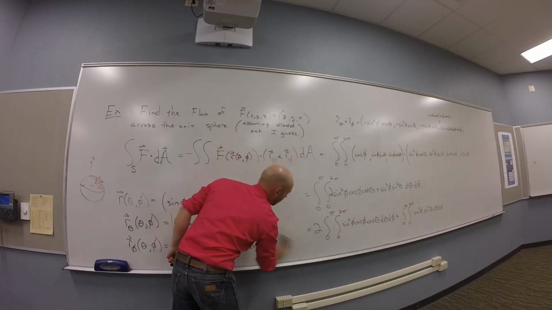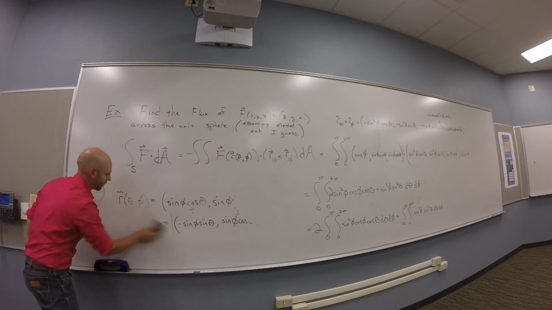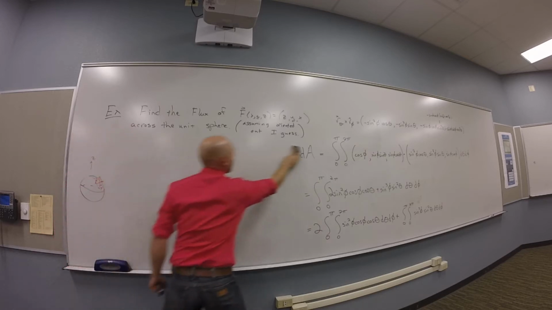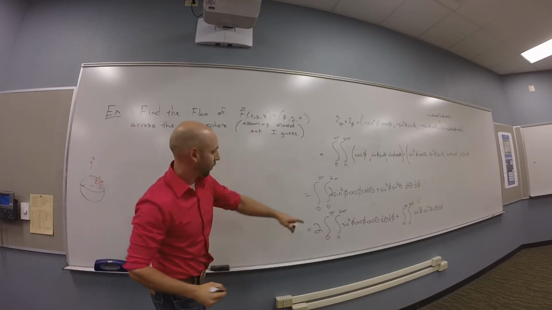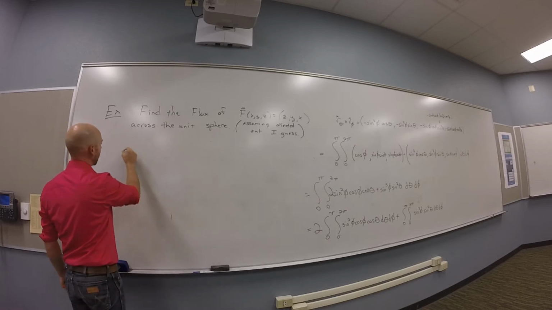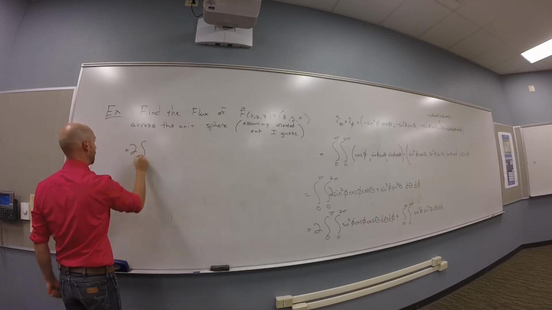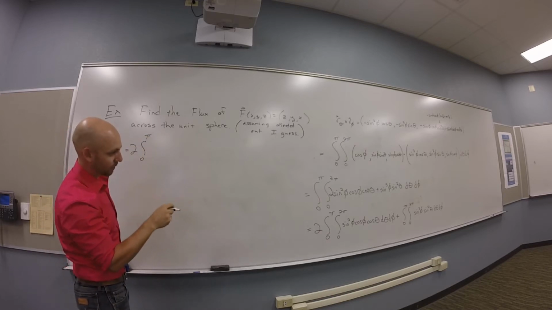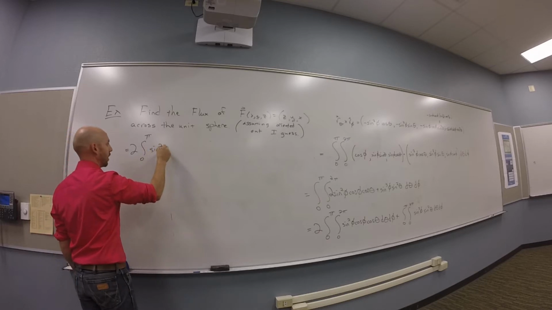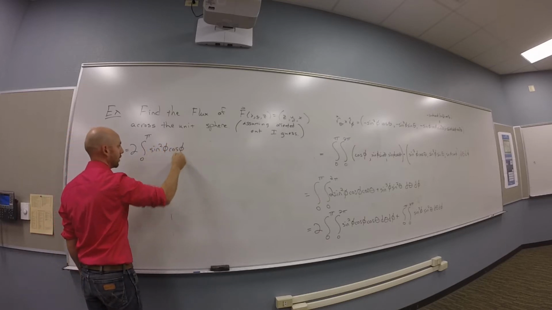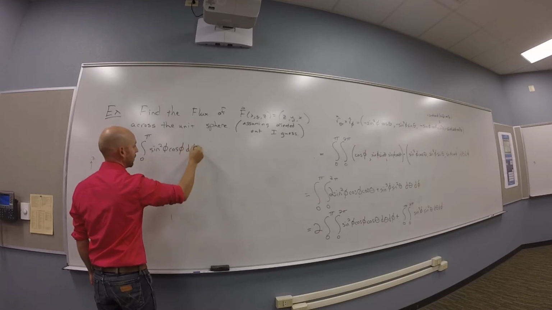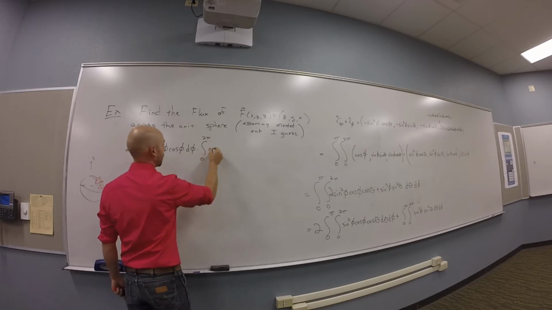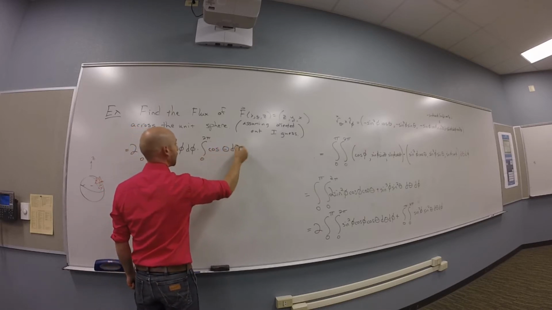And then we can pull that double integral trick, right? Okay, so I'm going to pull my double integral trick on this first piece. I got 2 times the integral from 0 to pi of sine squared phi cos phi d phi, times an integral from 0 to 2 pi of cosine theta d theta.